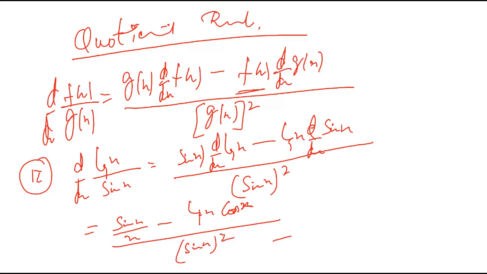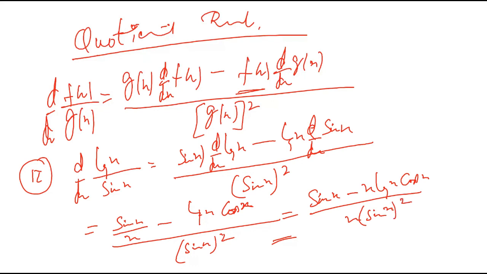You can take the LCM of this, and by doing so I will have sin x minus x log x cos x, and in the denominator the x will come here, and you will have sin x whole square, or you can write it as sin square x.